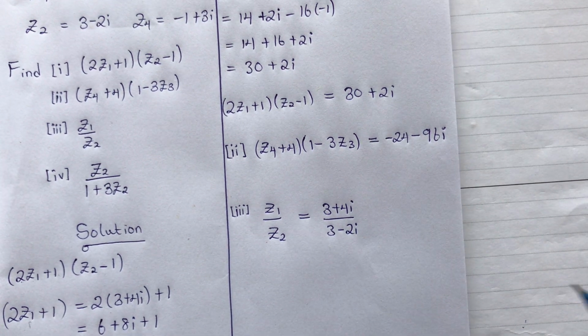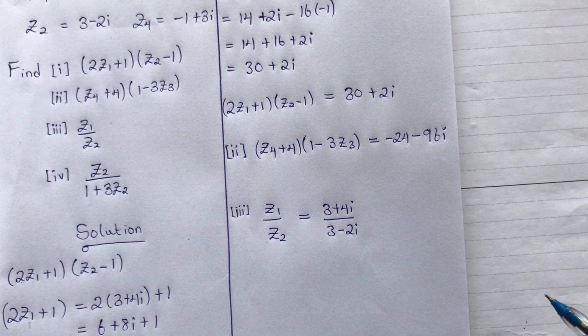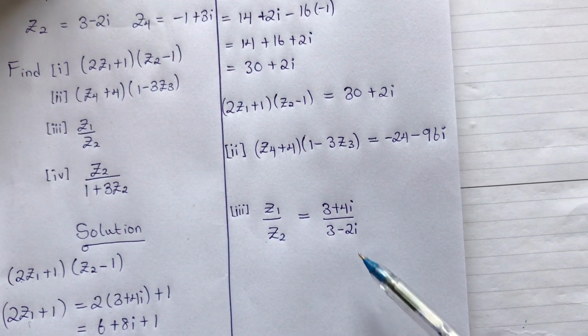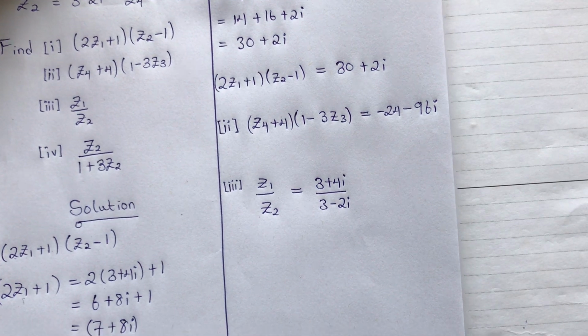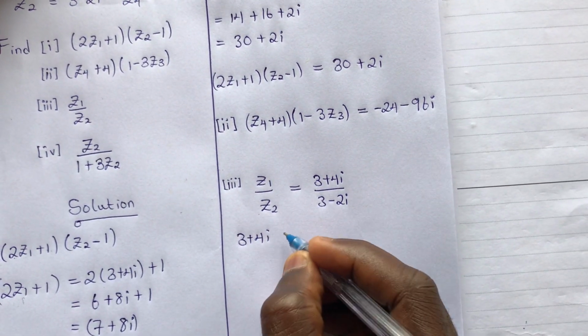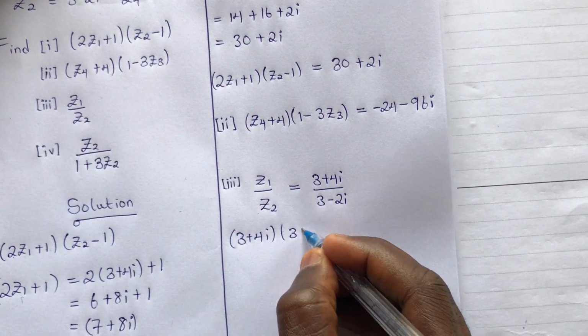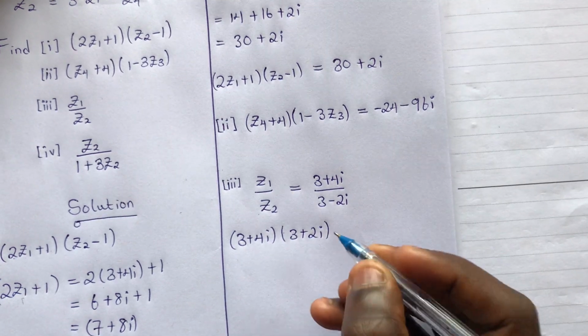So that is the conjugate of the denominator. I will use it to multiply both the top and the bottom. So let's complete that. So we have 3 plus 4i multiplying. The conjugate of this is 3 plus 2i.